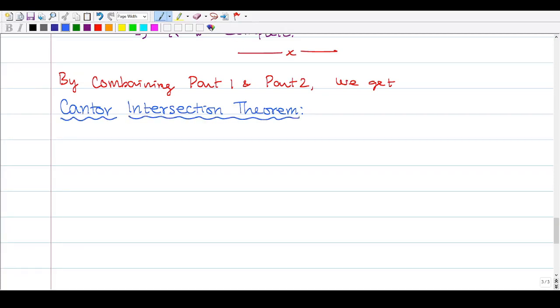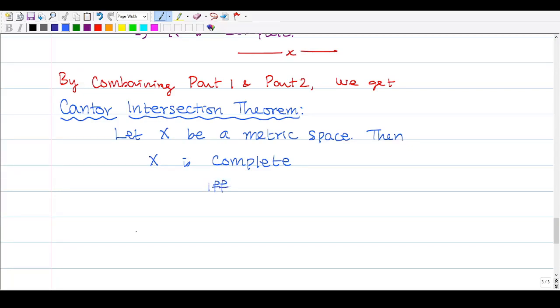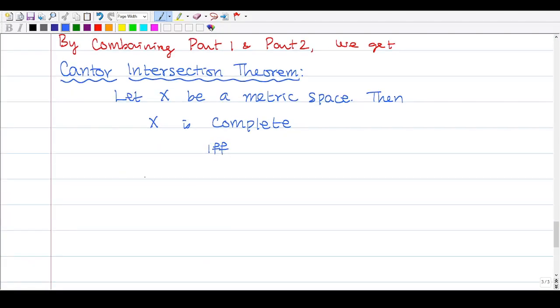The statement is: let capital X be a metric space. Then X is complete if and only if X has the following property.